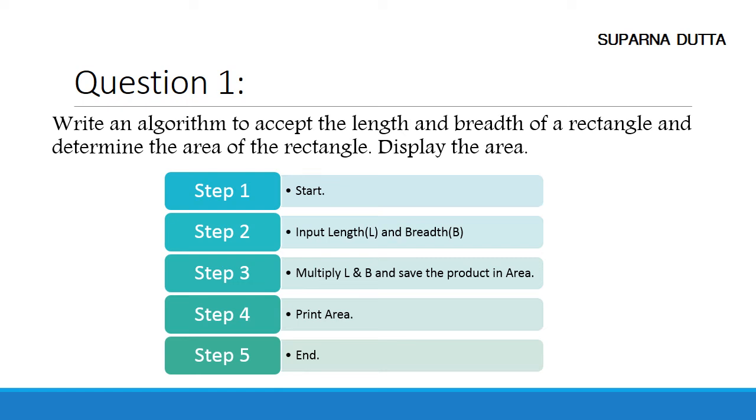In that sense, this algorithm is independent of any programming language. And see, it also has a finite number of steps, that is 1 to 5, and it is written in simple English language. So all these features together make this a very good algorithm.